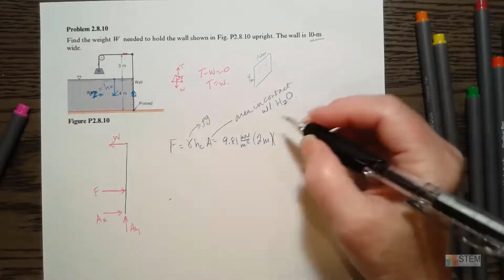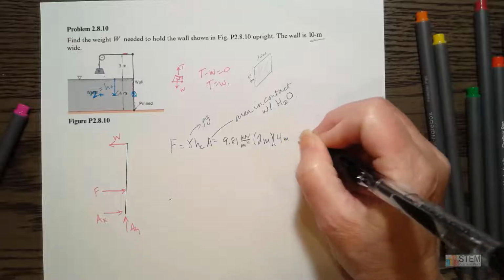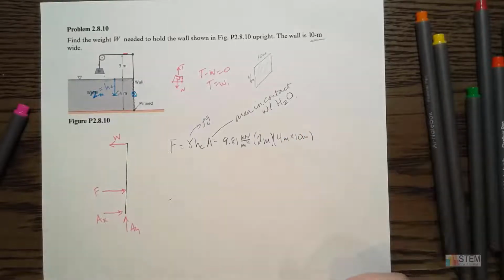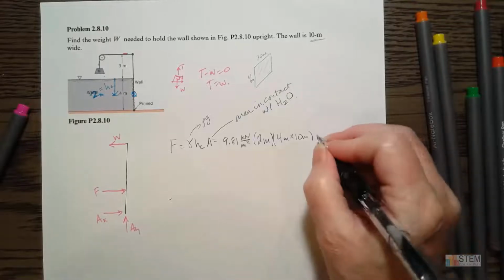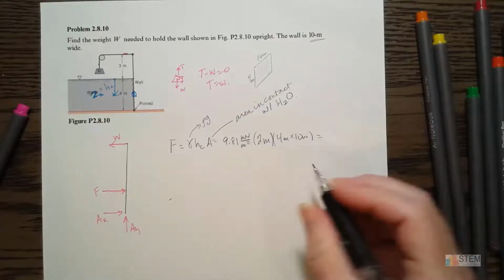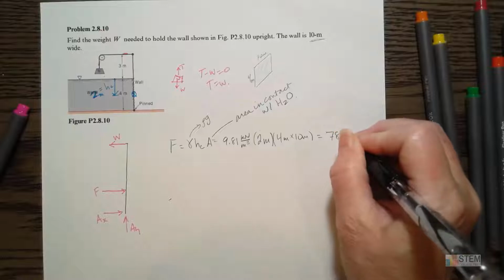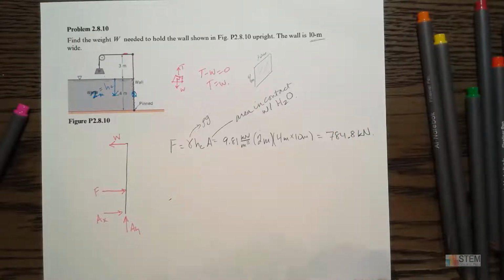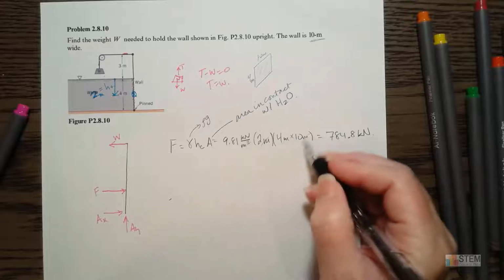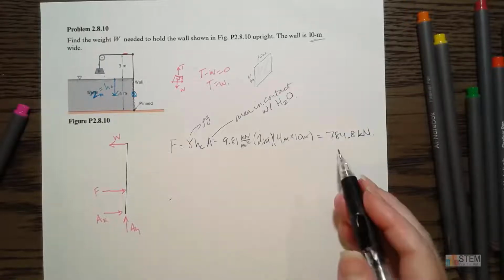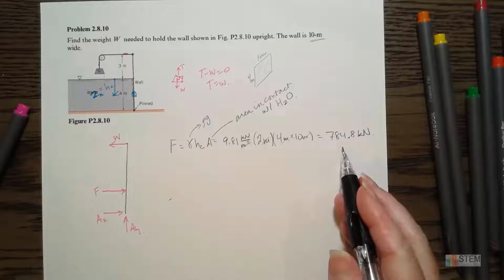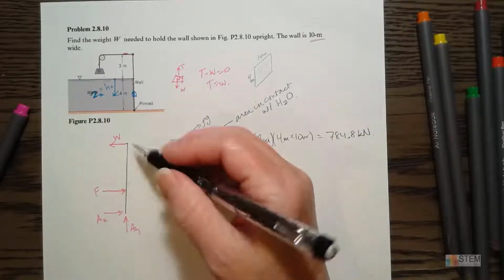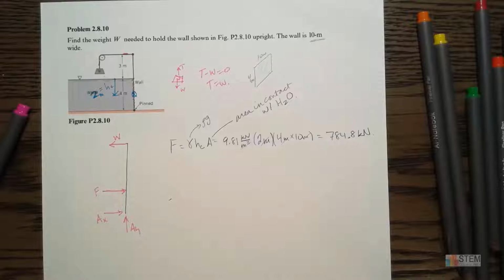It's just a rectangle, so we're going to have 4 meters times 10 meters. Let's go ahead and multiply. We get 784.8. That's going to be kilonewtons, because notice all your meters cancel out. So this is our force, but I don't know where that's acting on the door, or rather this wall. So I need to know where it's acting.